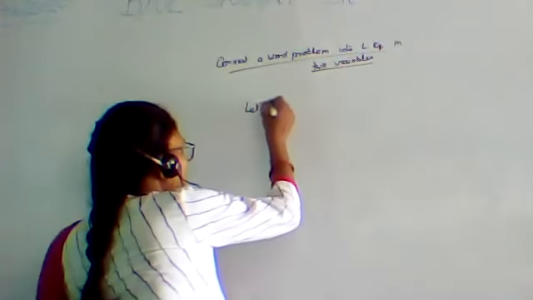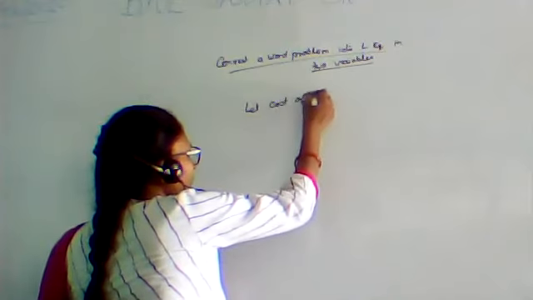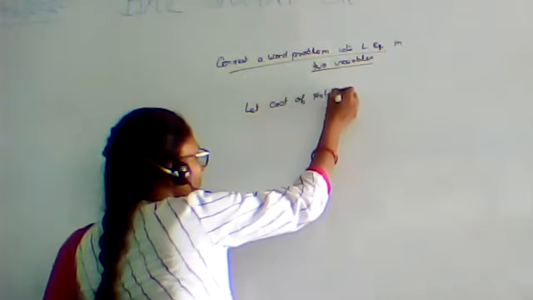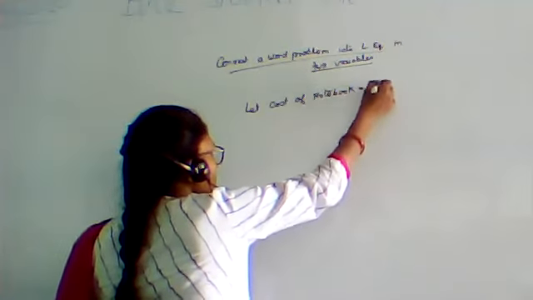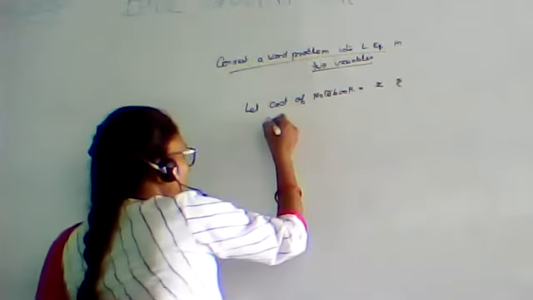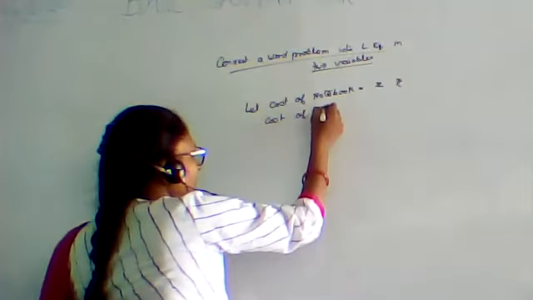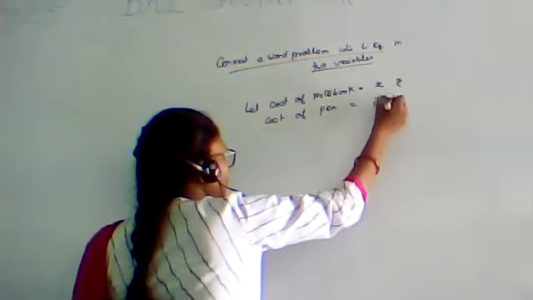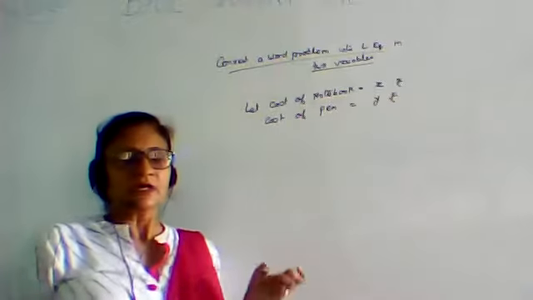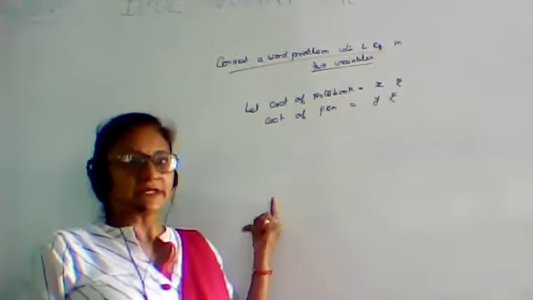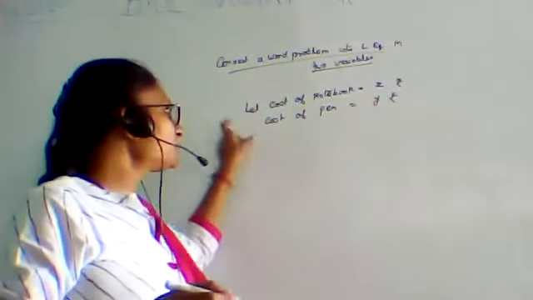Let cost of notebook is equal to x rupees, cost of pen is equal to y rupees. This is the way, after reading the question, we can recognize what we have to assume.